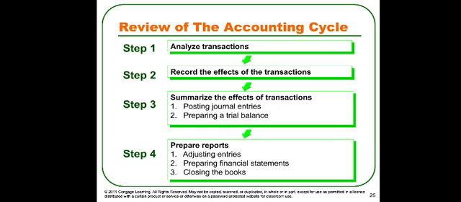And then step 5, you do adjusting entries. Step 6, you prepare the adjusted trial balance. Step 7, you prepare the financial statements. In this course, you have to focus on the preparation of the income statement and balance sheet. And step number 8, you do the closing entries.